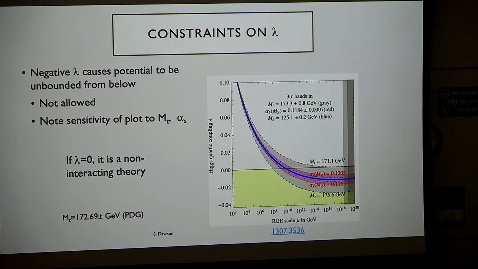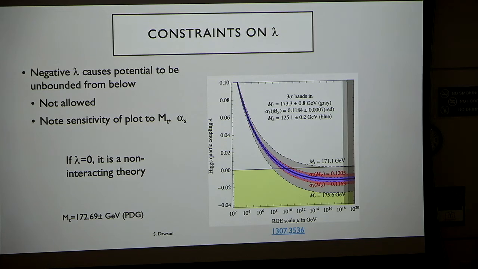And one thing you see from this plot is it's excruciatingly sensitive to the exact value of the top mass. So here's the top mass of 171, here's the top mass of 175, here's the top mass from the PDG of 172, and you can see it looks like lambda is being pushed negative somewhere around here, before I get to the Planck scale.